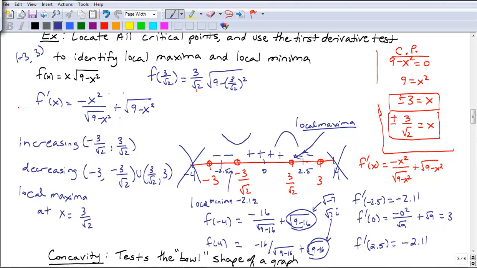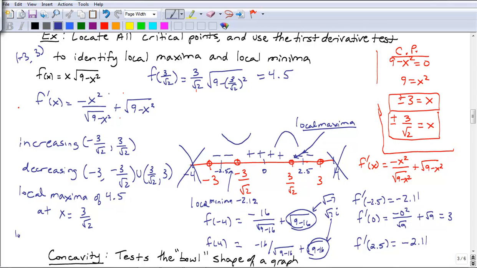So I type this into my calculator. You get 4.5. Notice I plugged it into the original function to find the maxima.